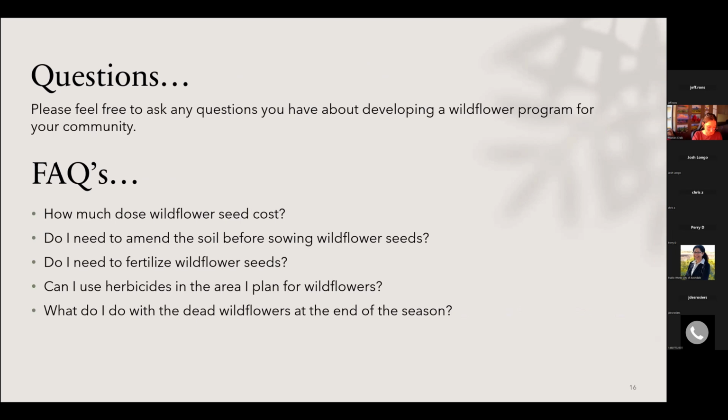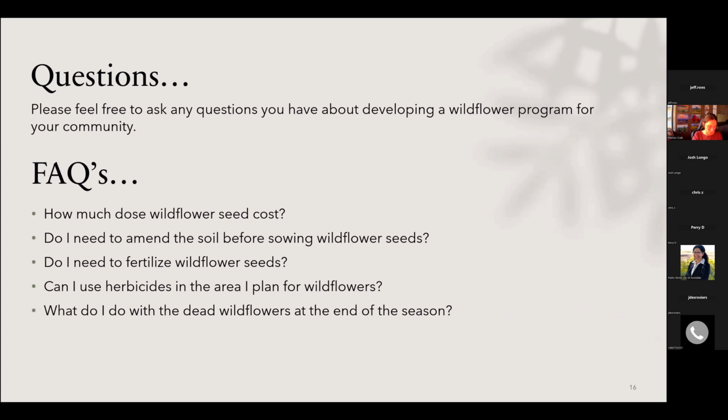For example, we used to have quite a bit of globe mallow in there, and now we've got so much globe mallow growing in the medians that I've reduced it from 4% to 1% in our mix. So that's something to think about as well. So about $85 a pound.